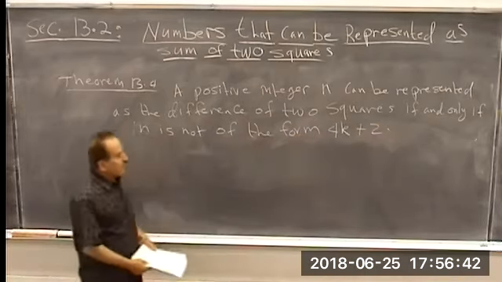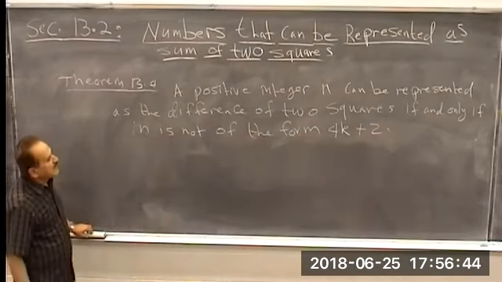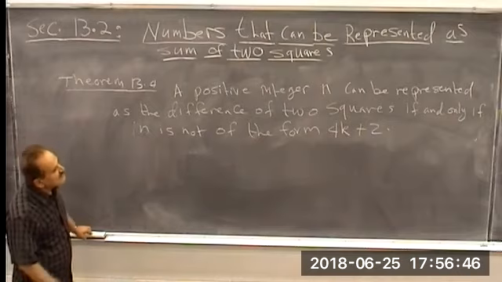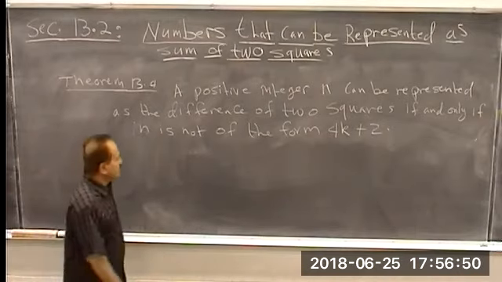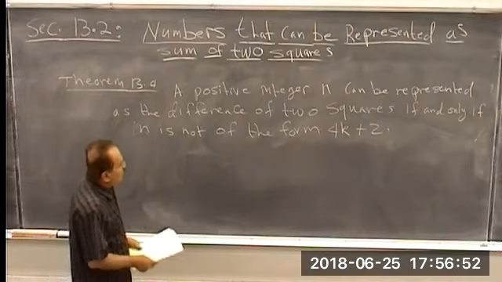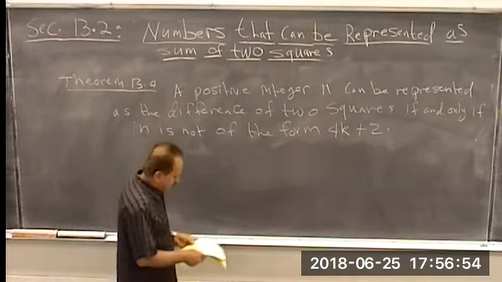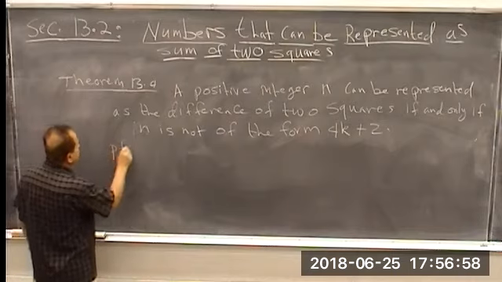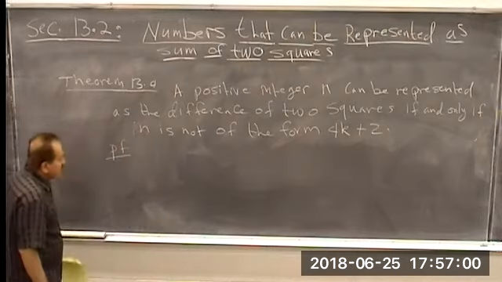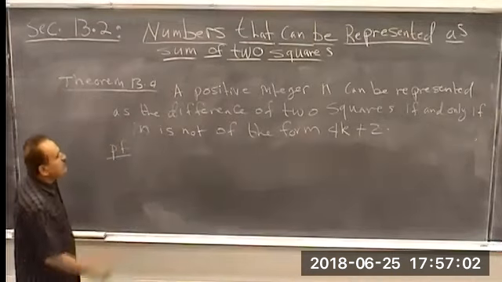So all other forms, multiples of 4 with remainders, can be represented as a difference of two squares. So for the proof, we're going to show that any number of this form is not.